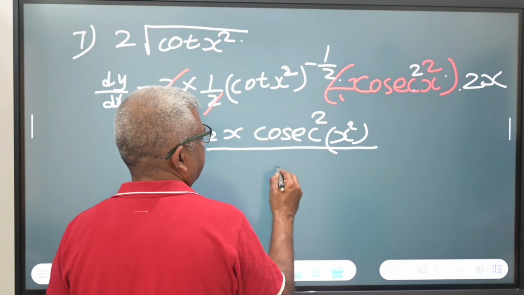Now go to the question number 9. Cos root x is a very simple one. dy by dx is minus sin root x, and if we differentiate root x, that is x power half, we get 1 over 2 root x. So minus sin root x divided by 2 root x.